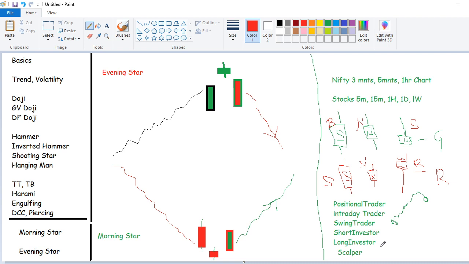And in the coming sessions, we will talk about support resistances, how to take the best entry, where to enter, what could be your stop loss if your trade goes in the other direction, how to book a small loss, how to make a big profit. All these things we will discuss in the next session.